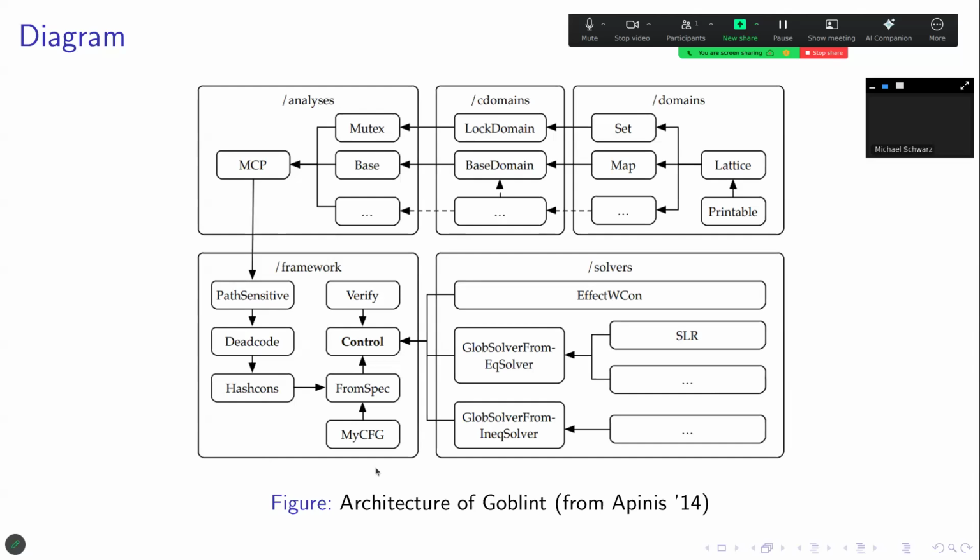The thing that's relevant again is this part here. So here we see this myCFG. And this is the control flow graph that we got from the framework, from the program. Basically, we take the program, compute its control flow graph, and then this from spec functor here takes your analysis specification and the control flow graph that you have.